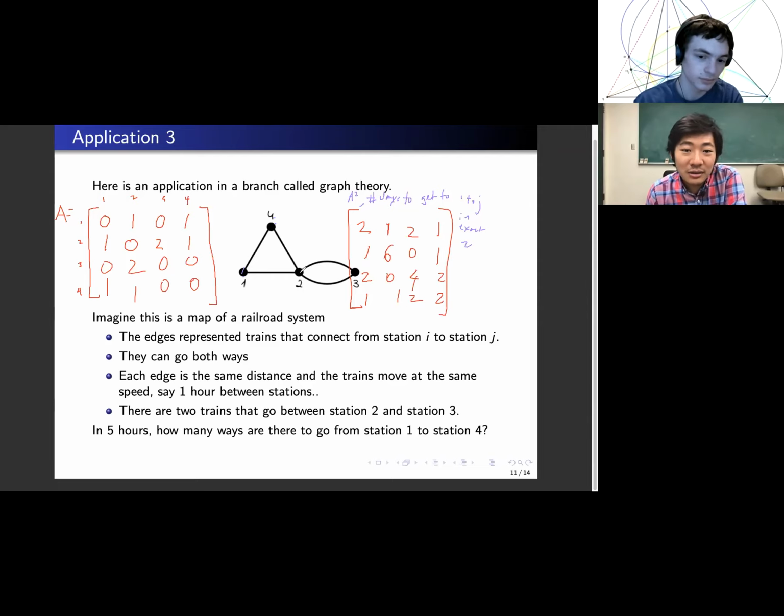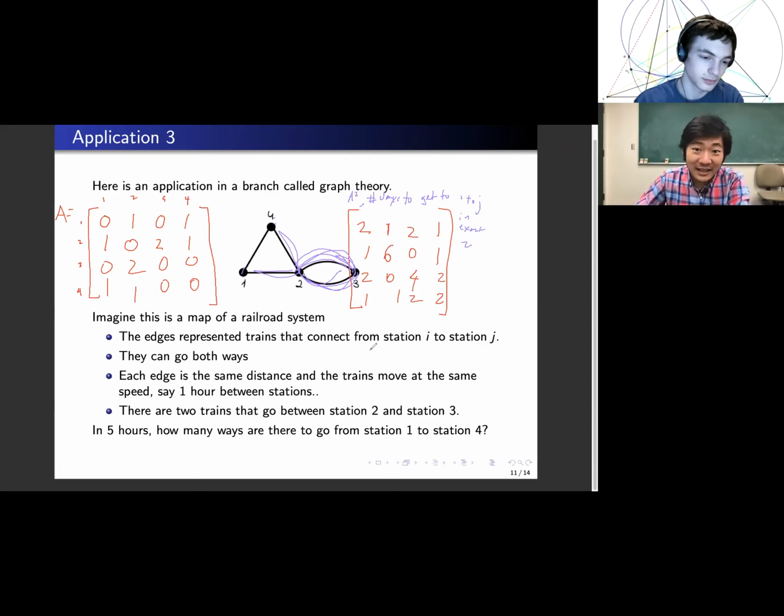That's 2. And then you can go from 2 to 2. See, there's so many because you can go here and back, here and back. You can go here and then take the same train back, or here and take the other train back, and here and take the same train back, and go here and take the other train back.